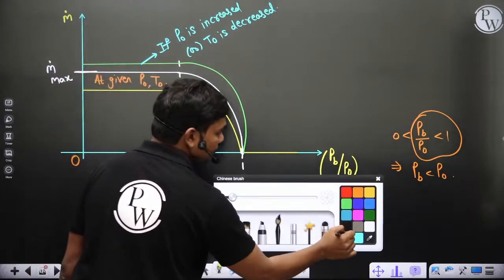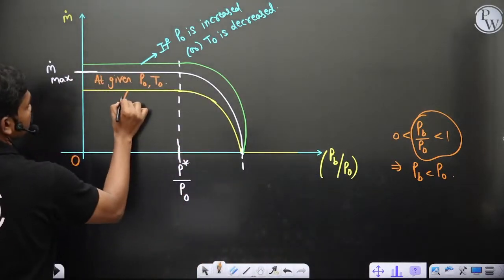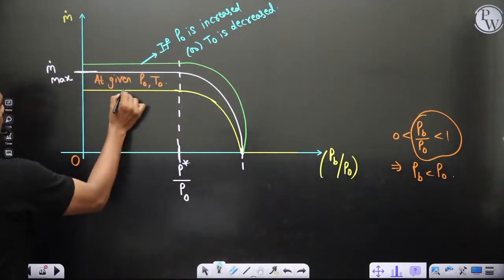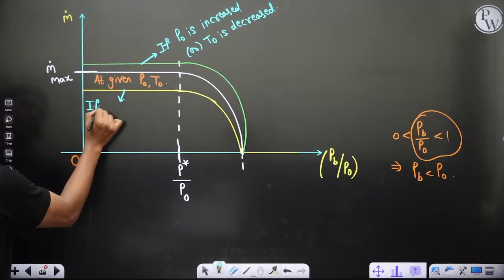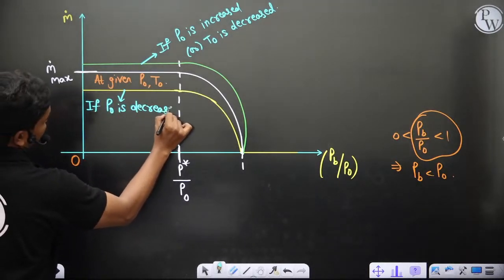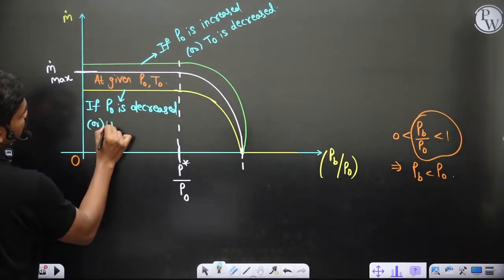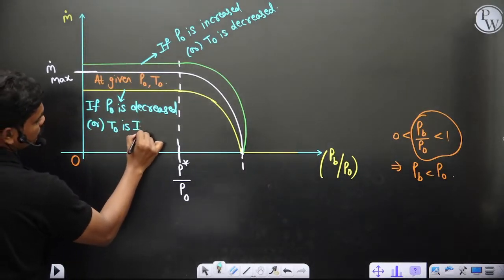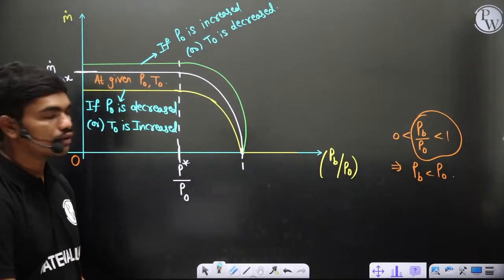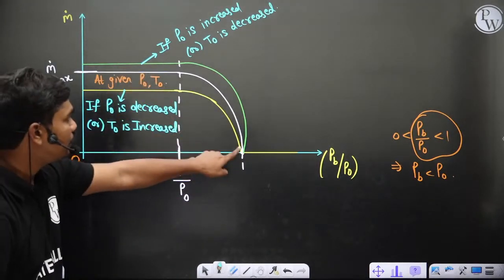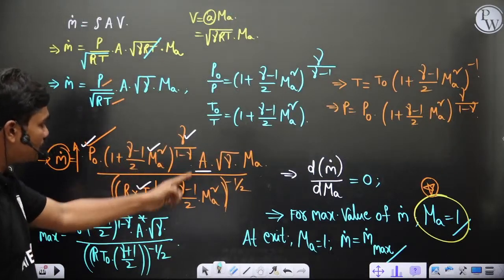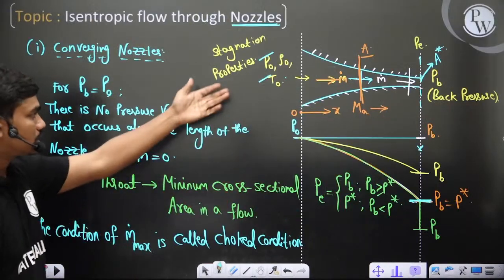So this is for the situation of if P naught is decreased or T naught is increased. If you do any one of these two things or maybe both, then with respect to the given condition the mass flow rate will actually decrease. Okay, and this understanding can be done from these equations and also this idea.